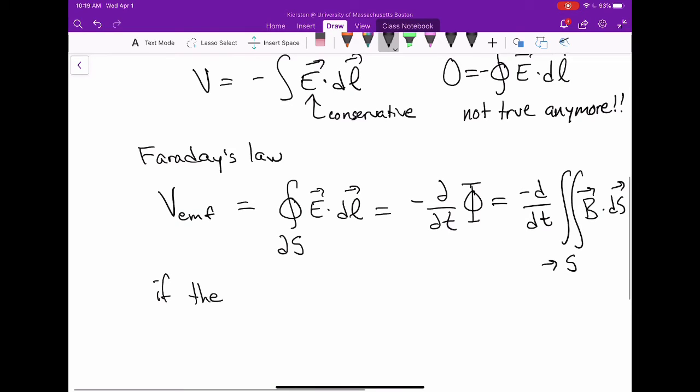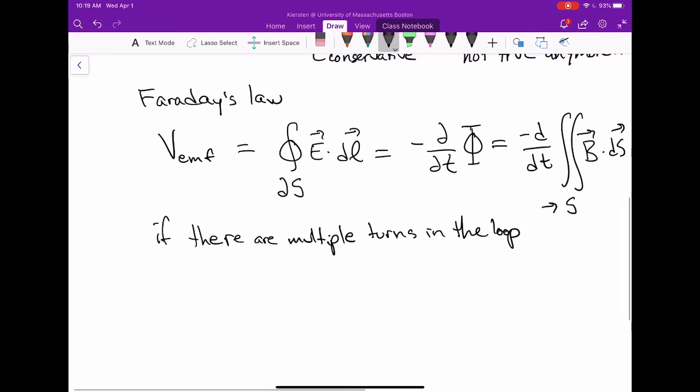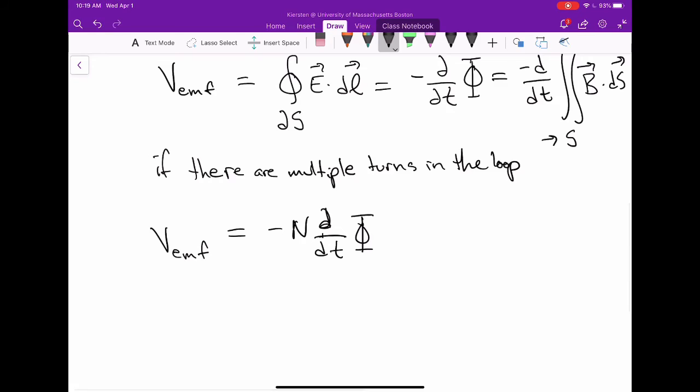If there are multiple turns in the loop, then the EMF voltage is minus N times the time derivative of that flux. Now, let me tell you right now what an EMF is.